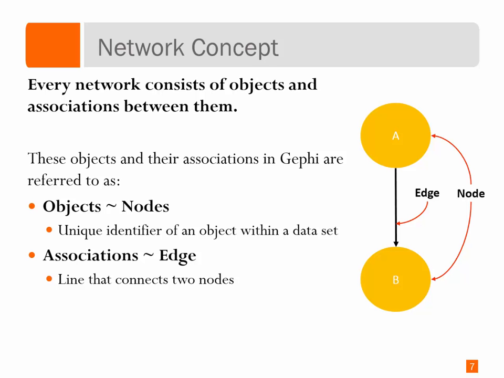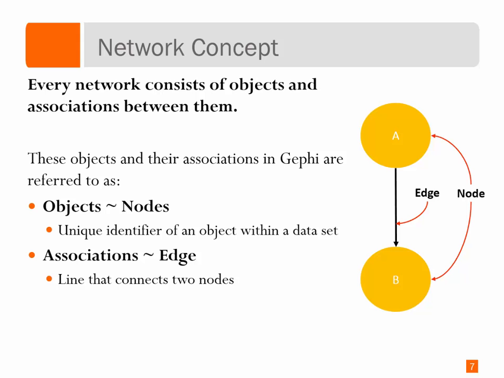Then we have associations. Our associations, as we discussed, are links. Basically, that's the relationship between the objects. In Gephi, these are called edges. It's simply a synonym, just a different name for that relationship.